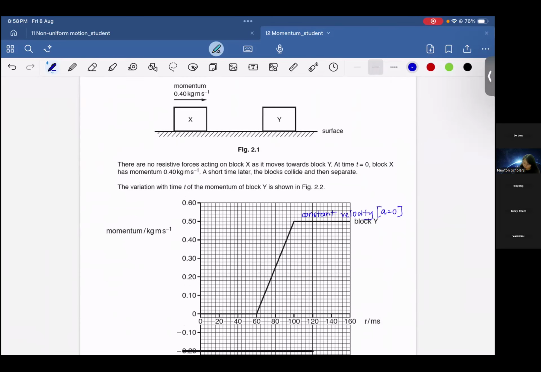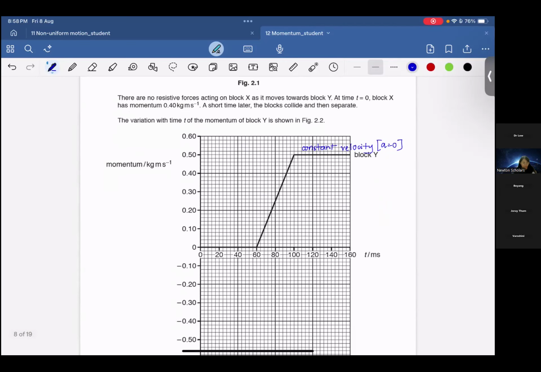The starting momentum is 0.40 kg m/s. But the problem is, I don't know the final momentum for block X. Can you calculate it so that you're able to plot the graph?